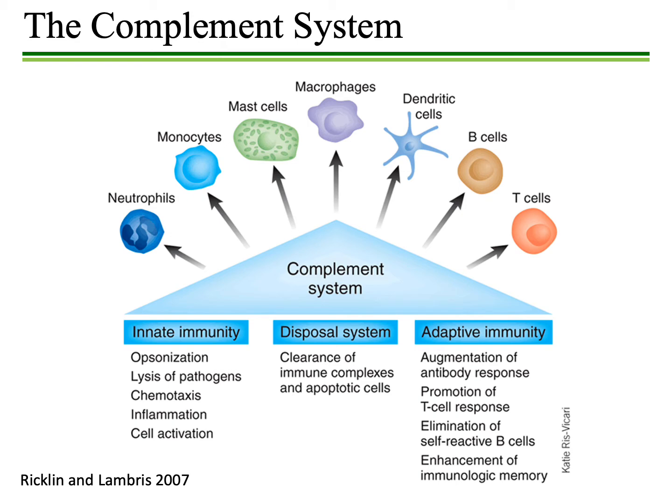When we discussed both innate and adaptive immunity, we discussed specific cell types that dominate in one or both of those different areas. What we see with the complement system is that many of the cells that we talked about play a role in this particular response.